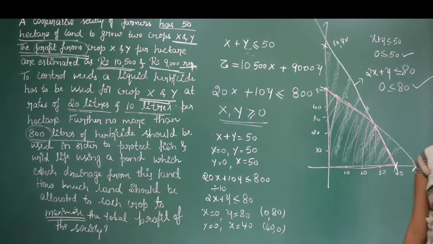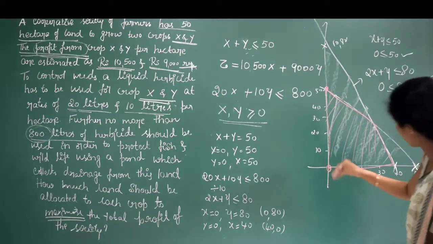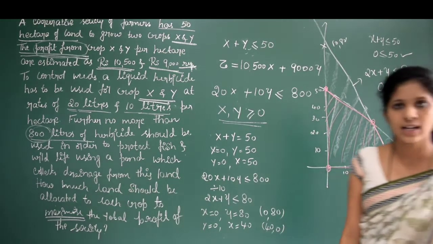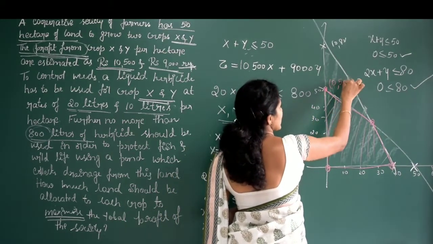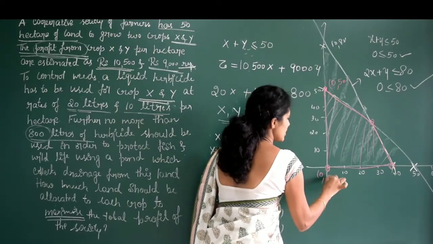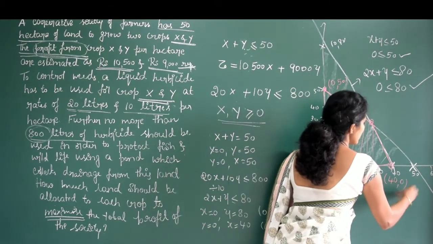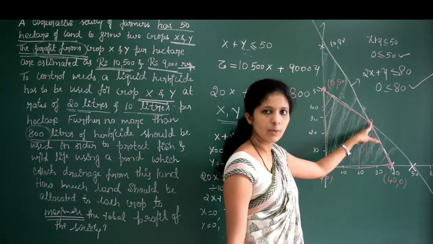What are the corner points? This is one point, then this is a point, then this is another point, and this is another. Right? What are the points? This one is X is 0, Y is 50. So this will be 0, 0. So this is X is 40 and Y is 0. So this will be nearly, I think, 30, 20.